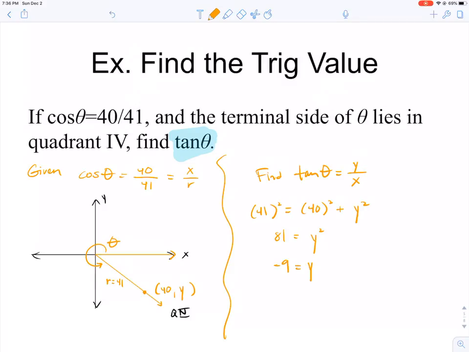So we'll get negative 9 for y. That means that tangent of theta will be equal to negative 9 over 40, and that does not simplify anymore.